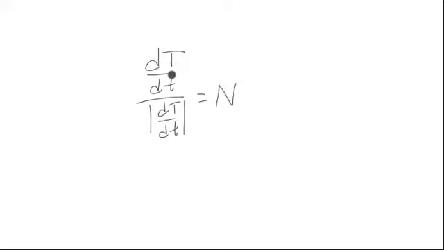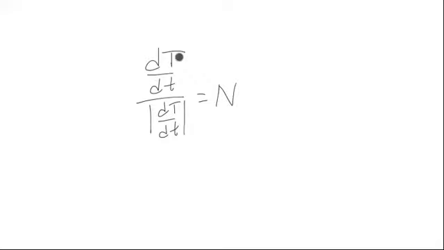One more thing about curvature. If you take dT/dt, and in another video we discussed this, if you take dT/dt and you divide it by its length, we end up getting what's called the unit normal vector.